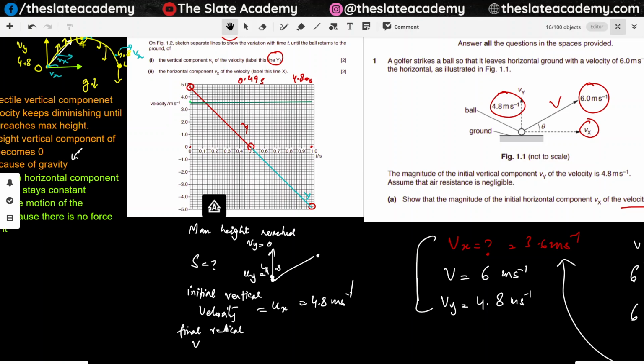Sorry, this was not ux, it was uy, and the final vertical velocity will be vy. So final vertical velocity is 0. Do I have any other piece of information? Yes.